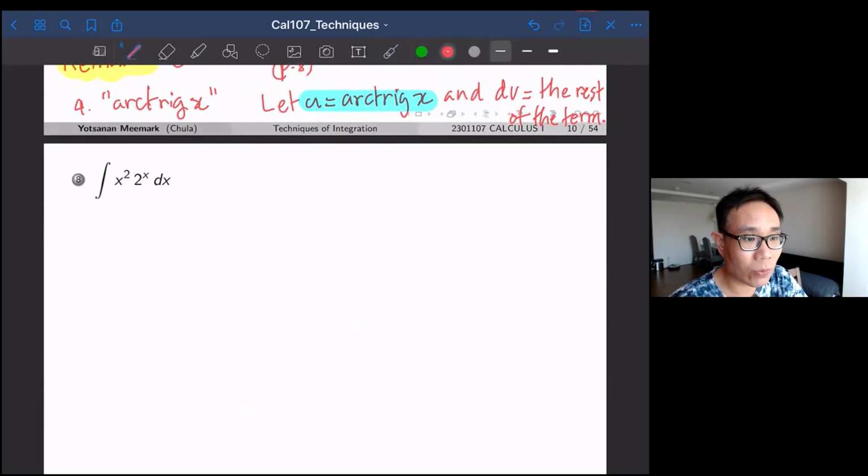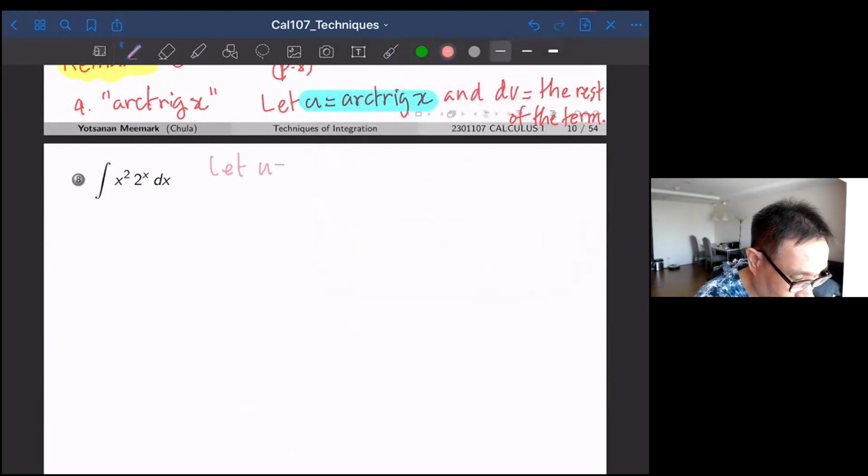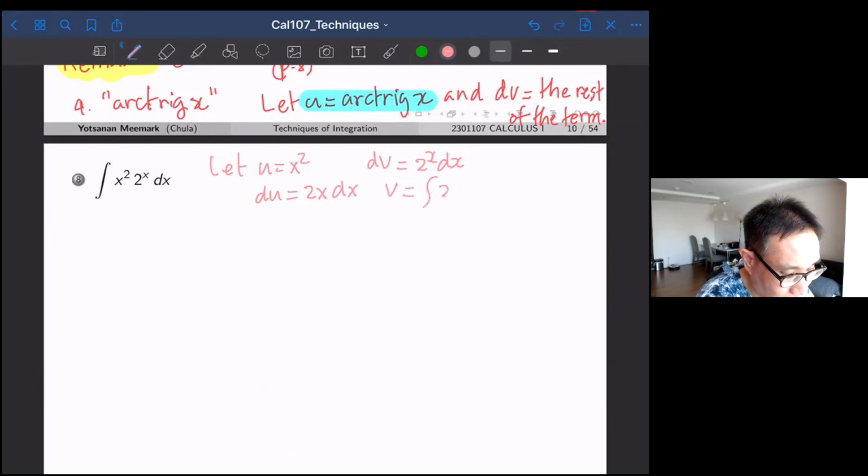You're going to let u be x squared and dv equal to 2 to the x dx. So you get du equal to 2x dx, and you get v equal to integrate 2 to the x dx, so it's going to be 2 to the x over log 2.